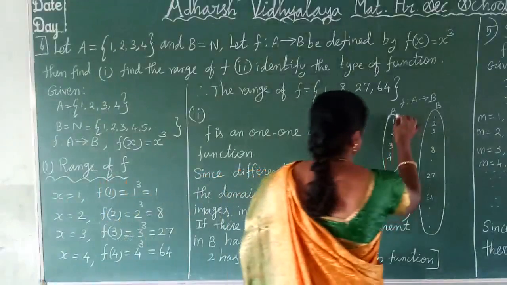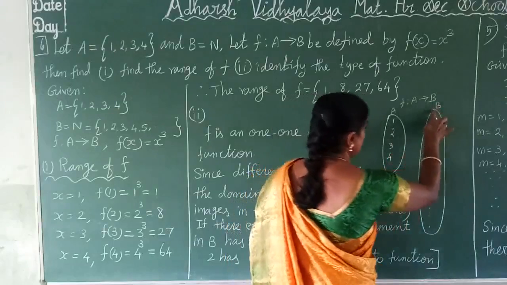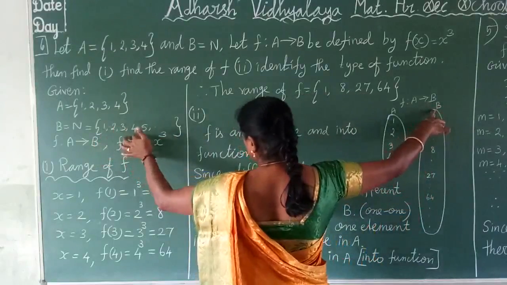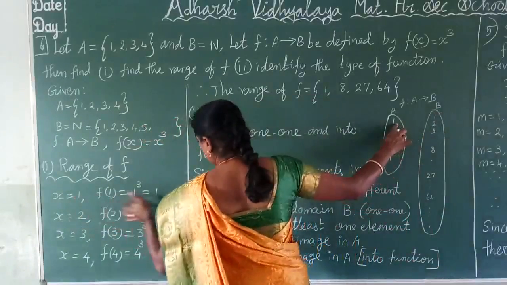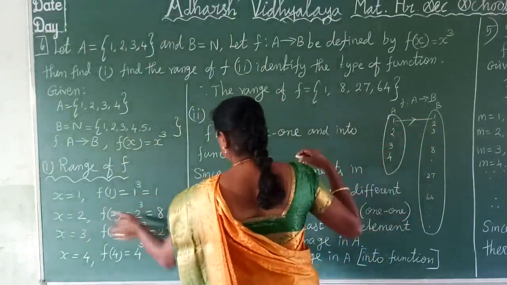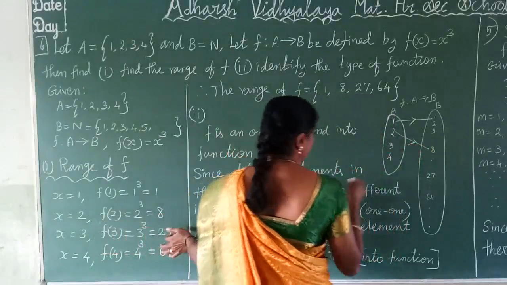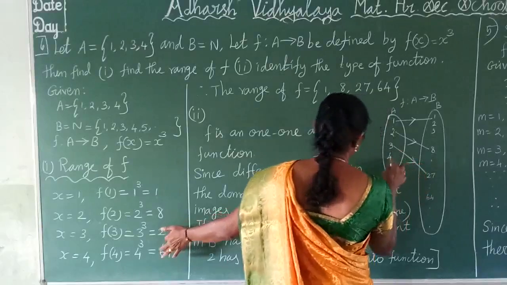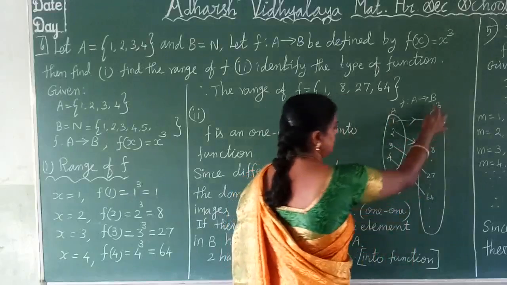Marking A as 1, 2, 3, 4 and B as the natural numbers 1, 2, 3, 4, 5, and so on, we write this: 1 maps to 1, 2 to 8, 3 to 27, 4 to 64.